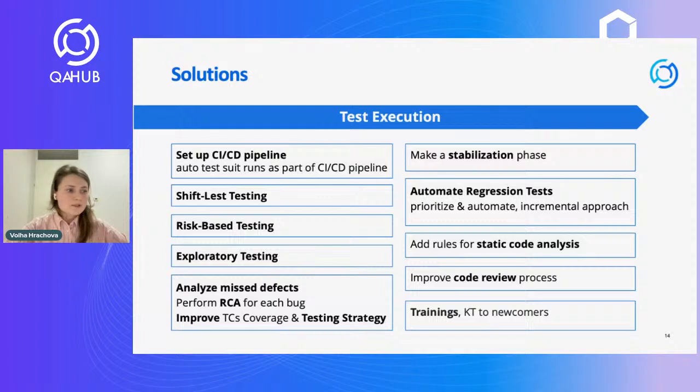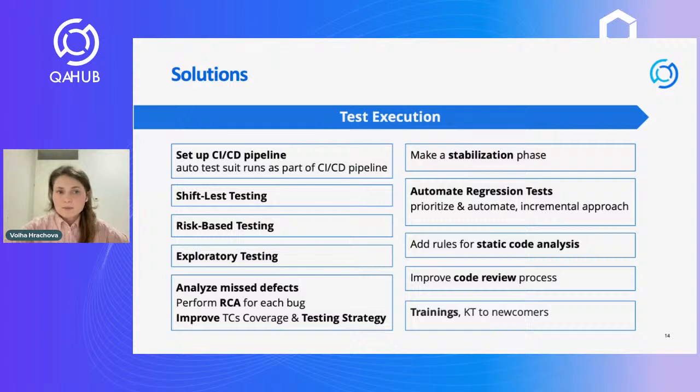And it's not enough just to analyze this, it's important to make some adjustments to the testing strategy. If we have missed requirements, then we should improve test case coverage and add test cases to cover those specific scenarios. If we miss some testing types, let's say integration testing, we should make sure that we address it in our testing strategy.